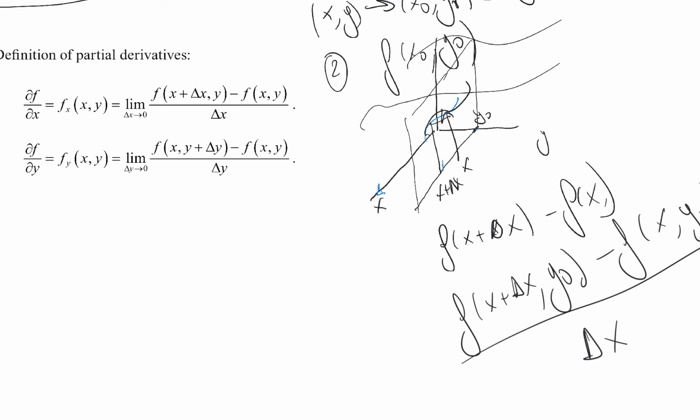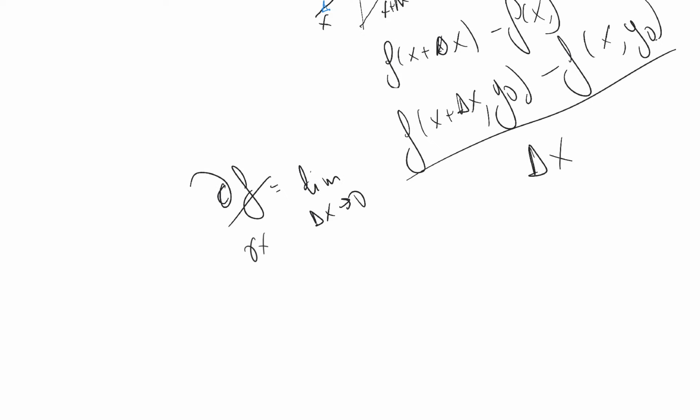So this limit, when delta x tends to 0, is what we call the partial derivative, with a curly d, of f with respect to x when y is constant.